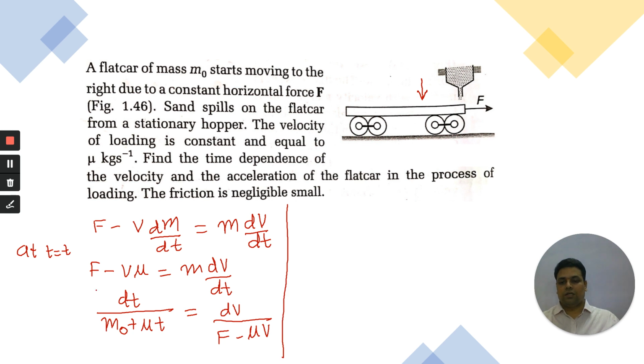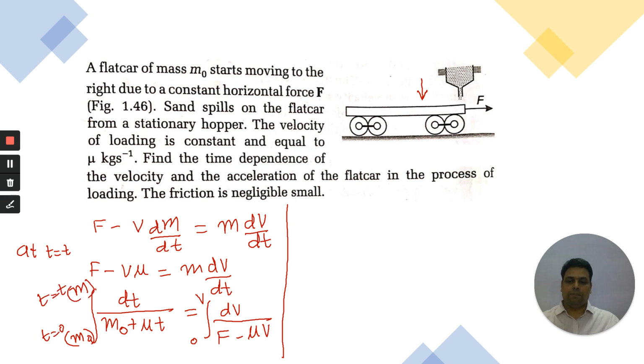Let us integrate this on both sides. Initially the mass is m naught, and it is m later after time t. Initially the car begins from rest, so the velocity limits are 0 to v. Sorry, we have to take the limits as time, so t is 0 to t equal to t.